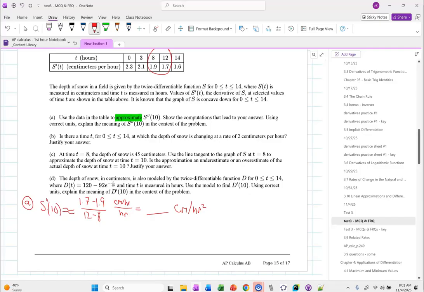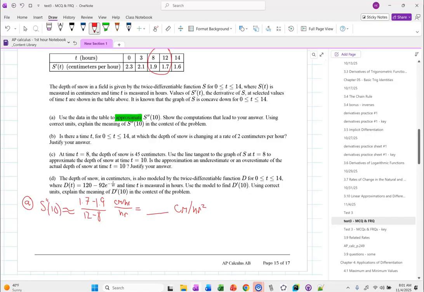And then the last part of the question says, explain the meaning of that second derivative of s at 10 in the context of the problem. So it's not a motion problem though, right? What is the context of this problem? We're talking about the snow, like something that's snowing, right?